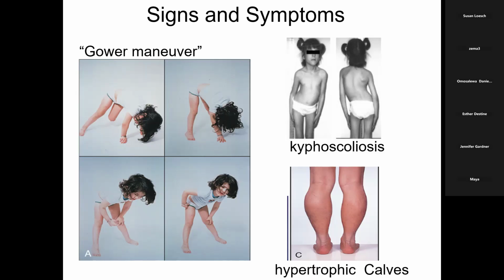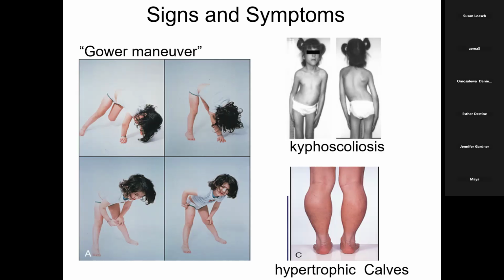Classic signs: weakness in the pelvic girdle, causing a waddling gait, when they try to go up the steps or when they try to stand up. So they'll climb up their legs to try to stand up. That's what that Gower maneuver is, when they're pushing themselves up by using their hands to climb up the legs.